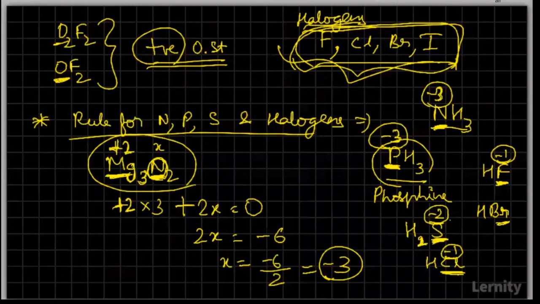So if non-metals are having a negative one, hydrogen will prefer to have positive in that case. And as metals will prefer to have a positive oxidation state, the hydrogen you have considered should have negative. So this is always relative that you have to consider. You can't say always that only halogens are electronegative.